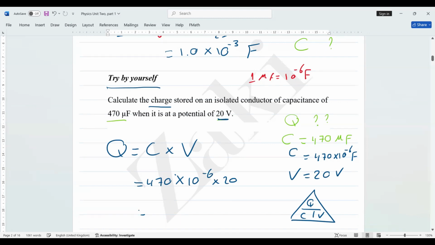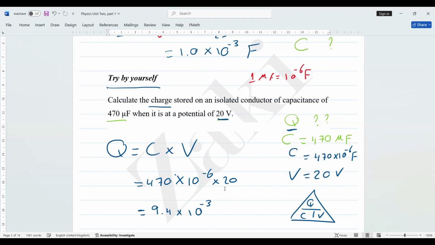Now, we use the calculator to get the answer. 470 multiply 10 to the power negative 6 multiply 20. So the answer is 9.4 multiply 10 to the power negative 3, the charge measured in coulomb.